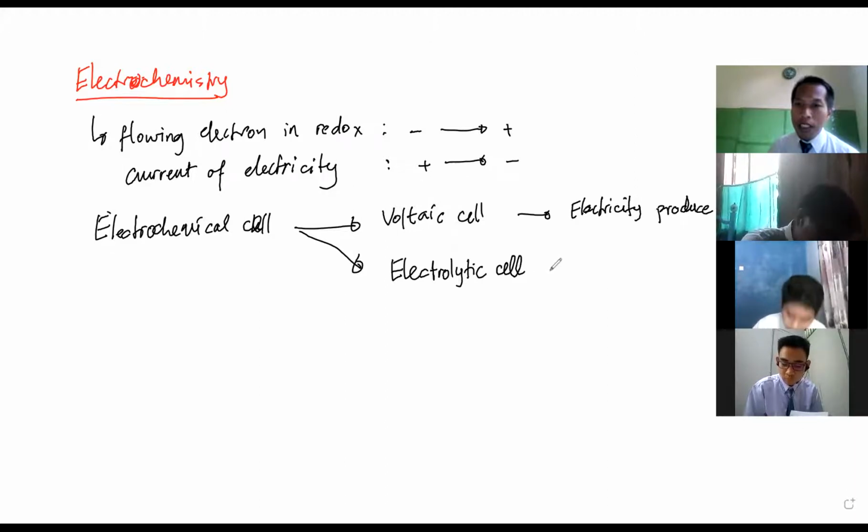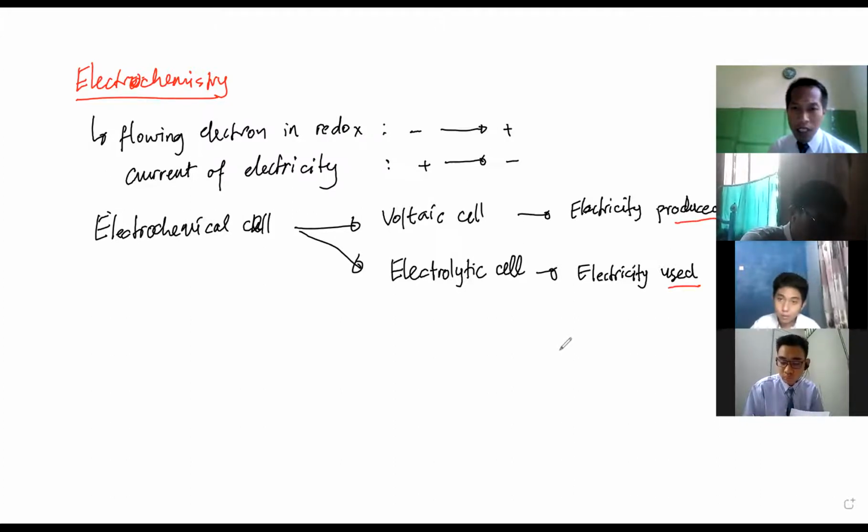But if electricity is used, then it is an electrolytic cell. So we have two important words here, produce and use. Some of the electricity will be produced and some of it will be used. If it is produced, then voltaic cell. If it is used, electrolytic cell.